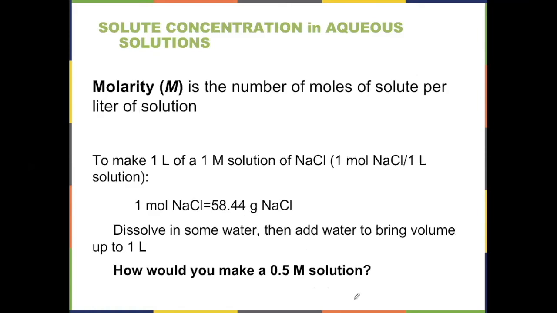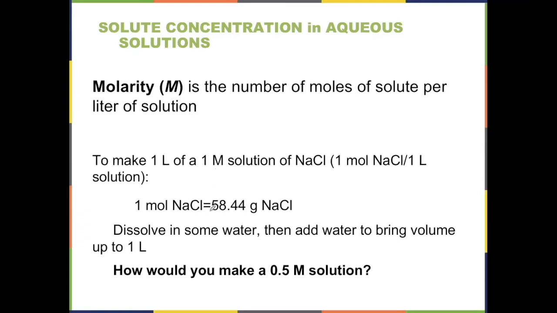Now, how does this apply to solutions? So molarity is the number of moles of solute per liter of solution. So again, what this means is, if we can convert to the mass, we can weigh out the amount of stuff that we want to dissolve in a given amount of solution, and we can make that solution. So to make 1 liter of a 1 molar solution of sodium chloride, if you remember, we said that 1 mole of that should weigh 58.44 grams.